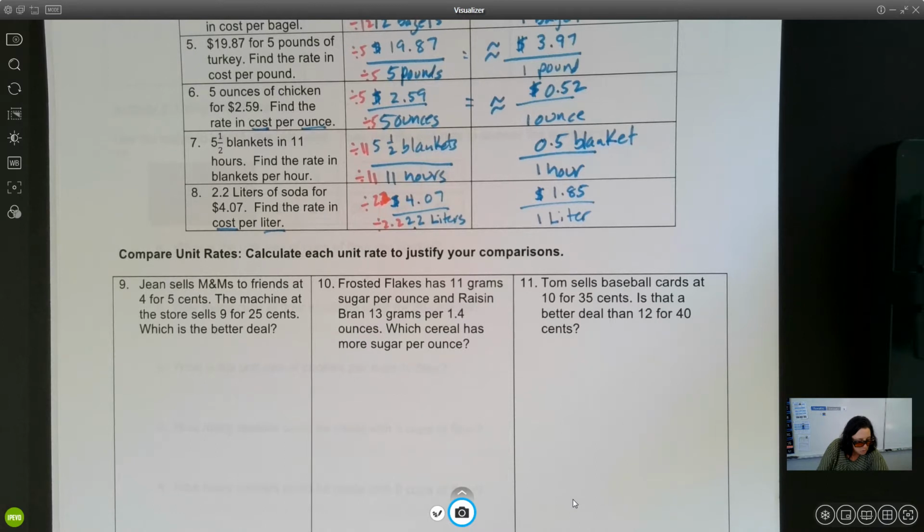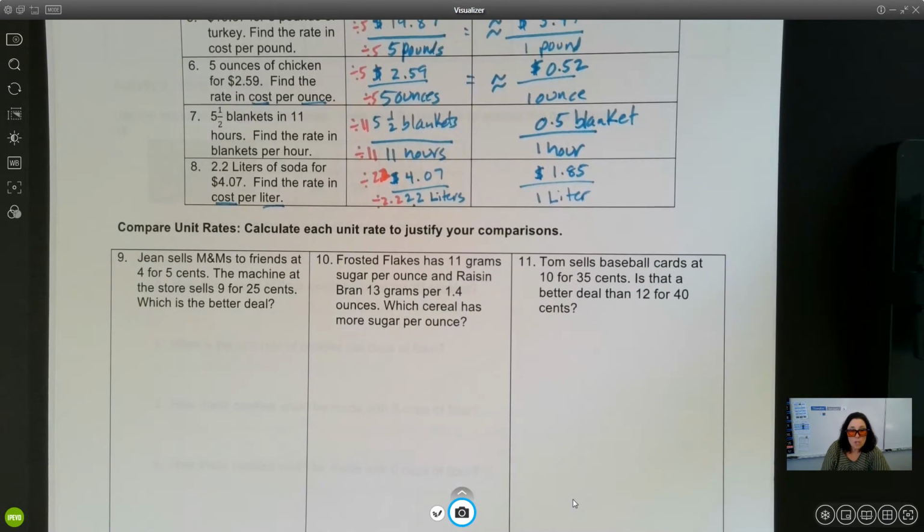All right, it's really important to understand that you can either set up money over M&Ms or M&Ms over money. This is a very key concept. Try to understand this. If you set up money over M&Ms, we want 1 M&M on the bottom, right?